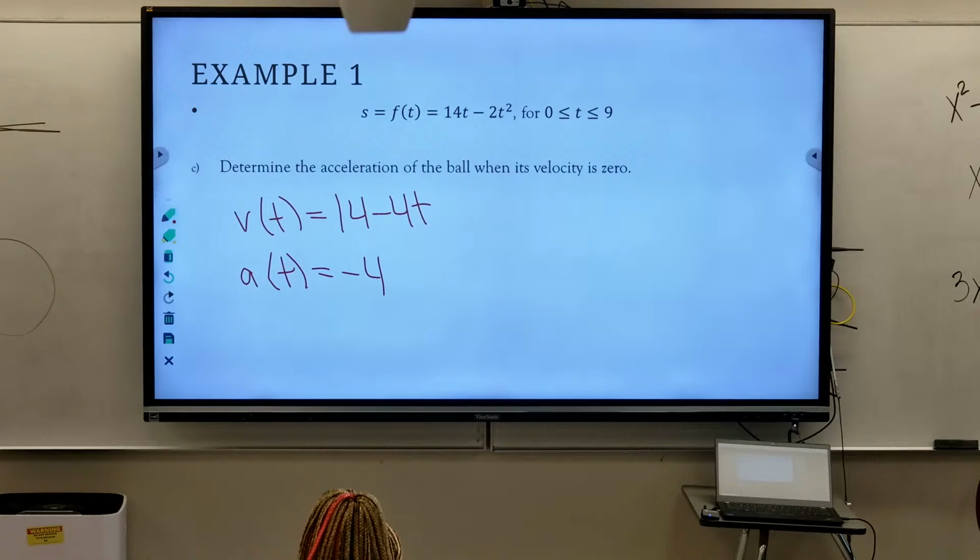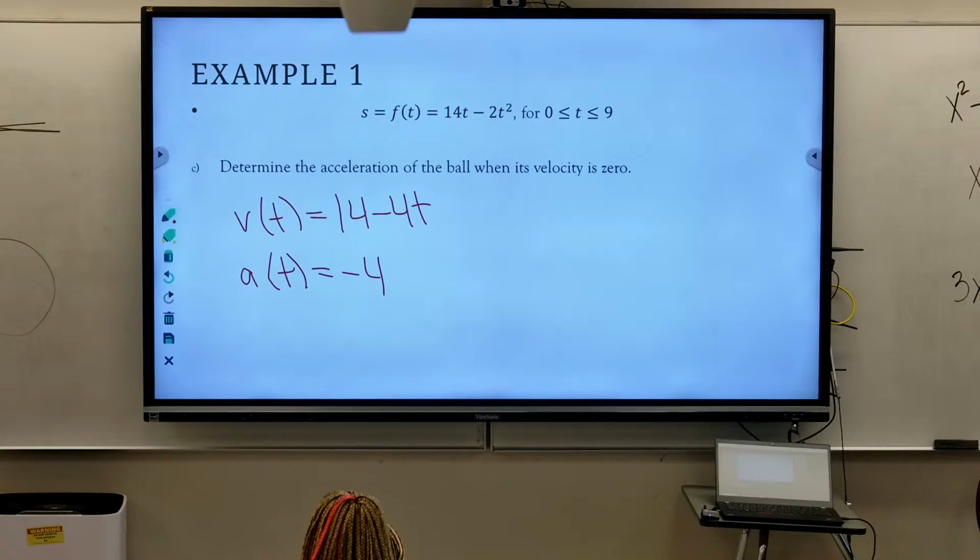I claim that the solution here is clear. Yeah, look at that acceleration function. Is that acceleration ever changing? No, it's -4. There's not even a t in there. So yeah, I could figure out when the velocity is 0, but that's not going to matter.